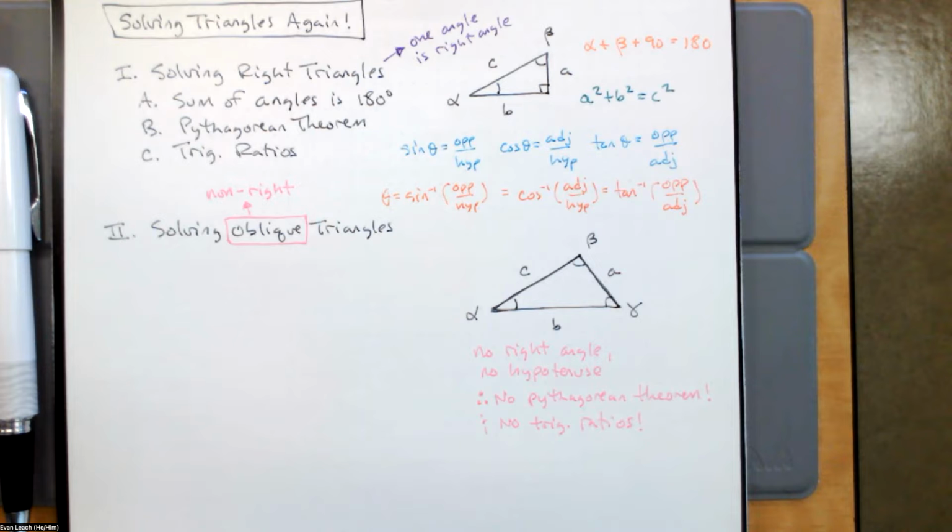And this no trig ratios, I mean, sine and cosine is obvious because they have hypotenuse right in there and we don't have a hypotenuse, but this is even for tangent.